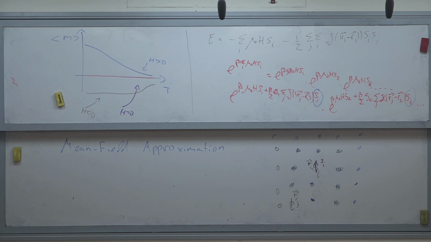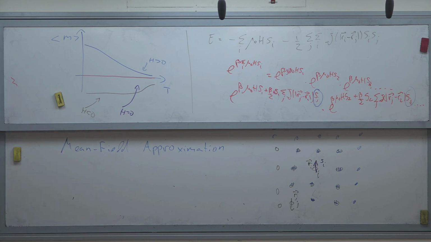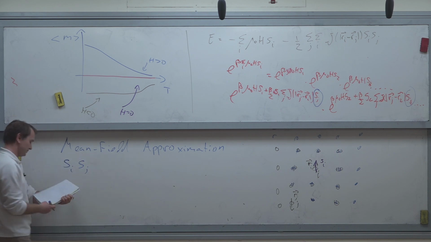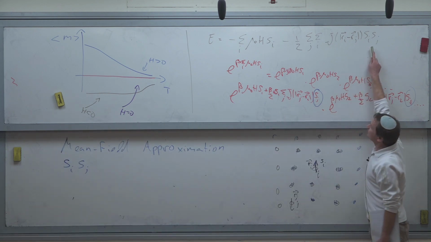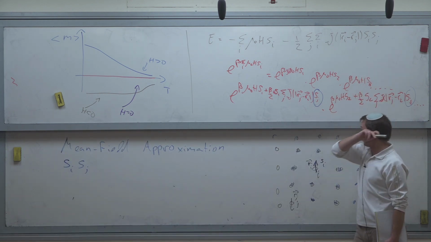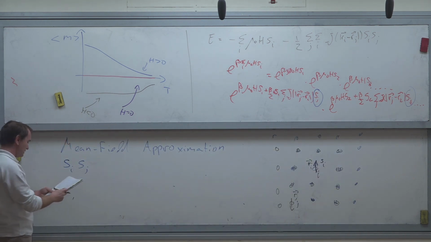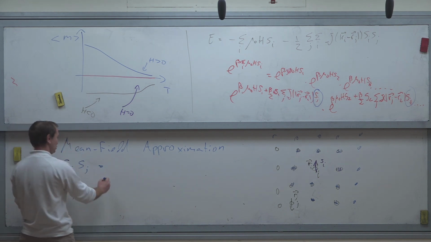Okay, so how exactly does one go beyond just saying there is an effective field? You do the following approximation, right? The problem is that we have Si and Sj. This is the problematic multiplication that we have in our energy over there. So instead of saying Si and Sj, we can say the following, and this is exact. There is still no approximation over here.